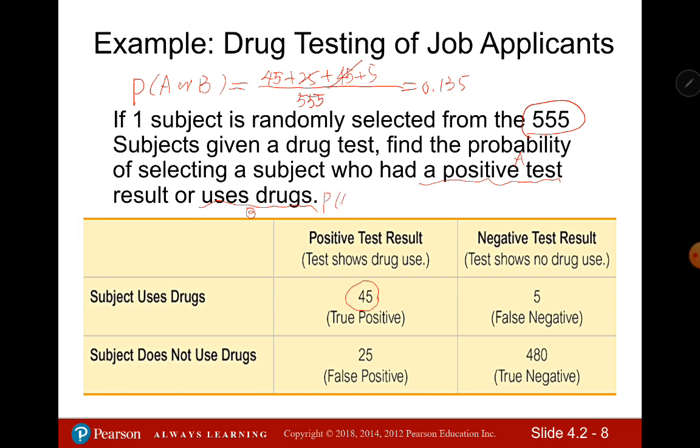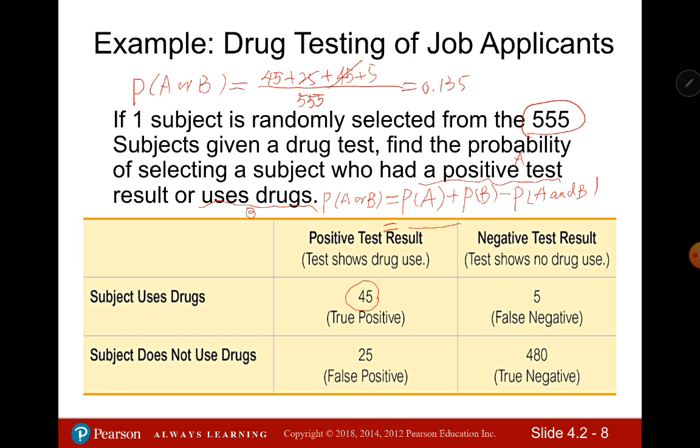This time we want to use the formal rule, and you will find they're very similar. Some steps are very similar. If we use this, we will use probability A plus probability B minus probability of A and B. So for this one, how can we get the probability of A?